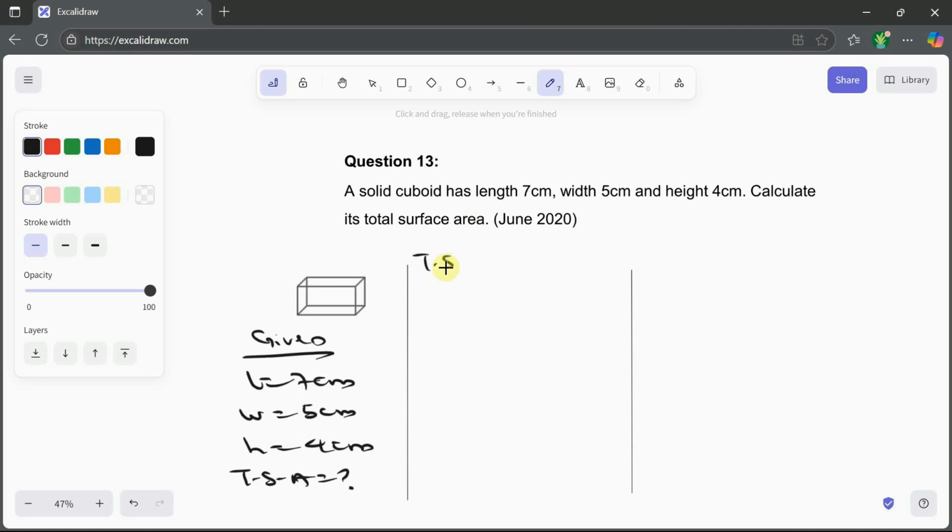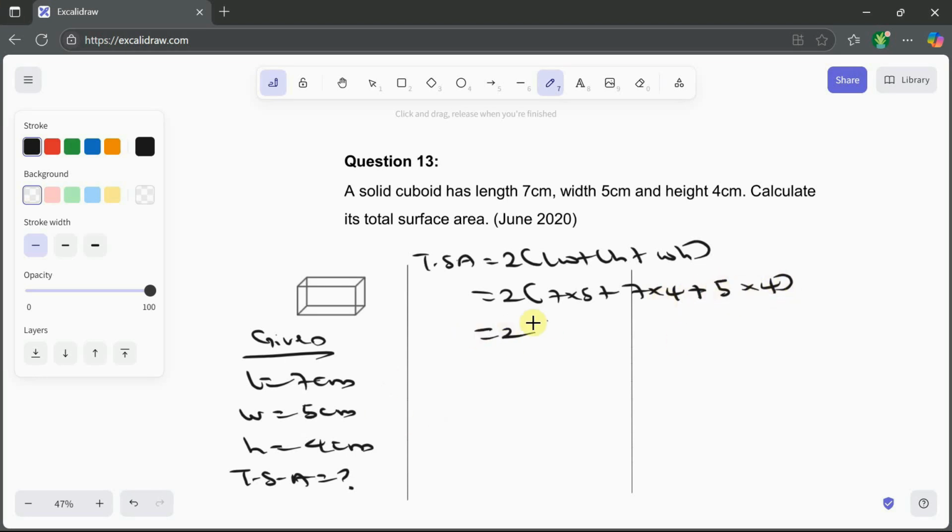For total surface area, remember, we talked about how we got the formula, so I'm not going to do that again. That will be 2 open brackets, LW plus LH plus WH, right? So this will be 2 open brackets. The L is 7, so that's 7 times 5, plus the L is 7, the H is 4, so that's 7 times 4. The width is 5, the H is 4, plus 5 times 4.